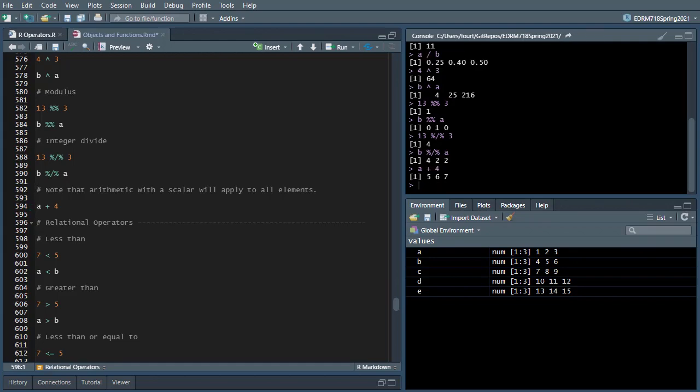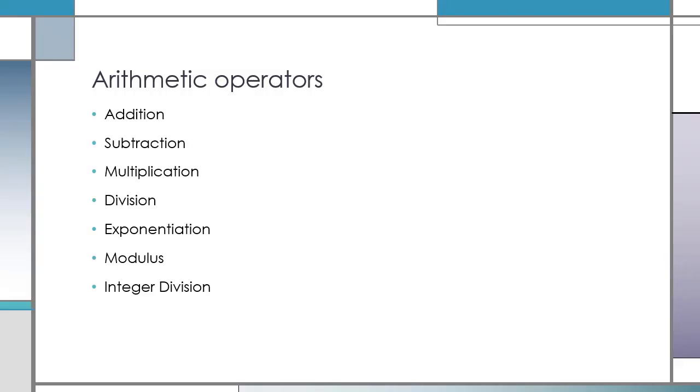So if I have a plus 4, it will take a and add the 4 to every single element of a. So the arithmetic operators are addition, subtraction, multiplication, division, exponentiation, modulus, and integer division.